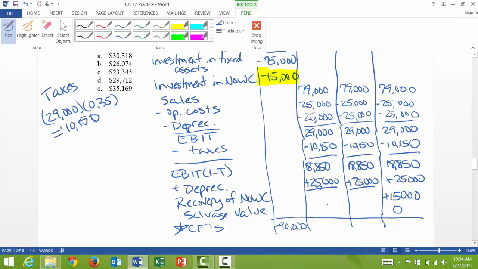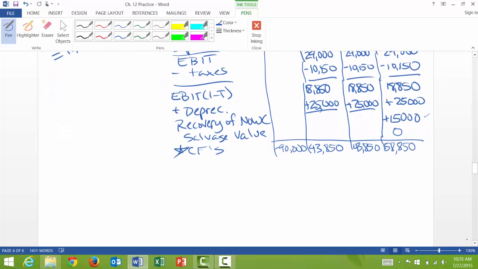If we add up the 18,850 and the 25,000 for year 1, we get 43,850. And we'll get the same thing for year 2. But then for year 3, we have this extra $15,000 that we got back for the recovery of net operating working capital. So we'll have 58,850.